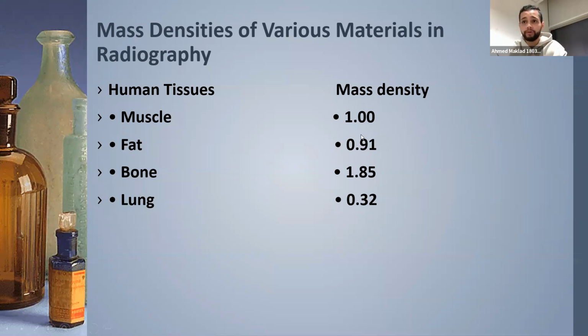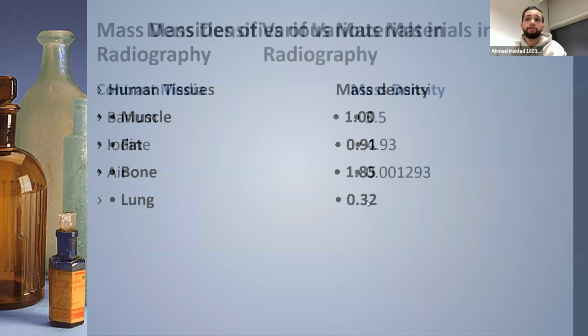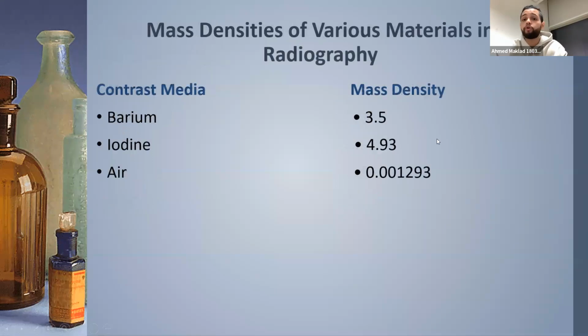But now compare those numbers to the contrast material. Look at this. You have barium, which is 3.5. Iodine, which is 4.93. And then you have air right here. See, it's really low. So that's telling you how the mass density of contrast is way higher than most things in your body. Actually, all things in your body. Nothing has a density of 3.5 in your body. And that's what gives them this startling resolution on imaging.